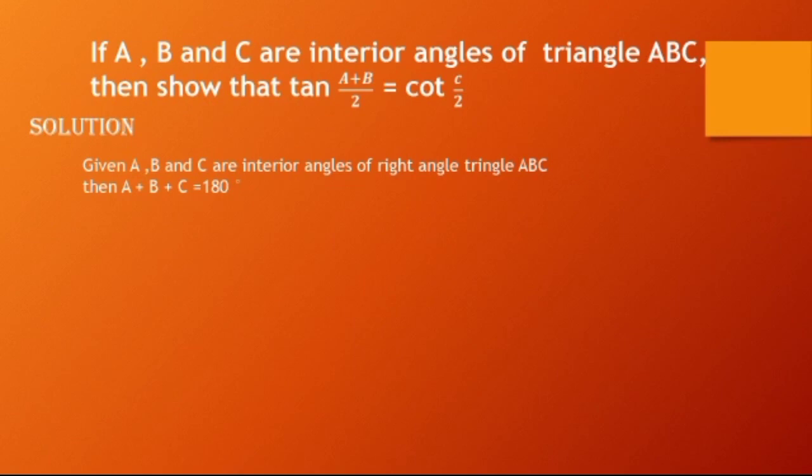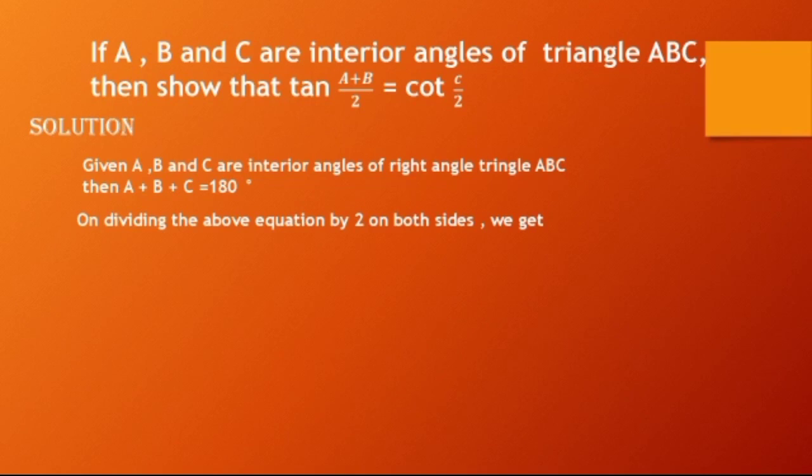On dividing the above equation by 2 on both sides, we get a by 2 plus (b plus c) by 2 equal to 180 by 2, which is 90 degrees. Now transpose a by 2, then we get (b plus c) by 2 equal to 90 degrees minus a by 2.